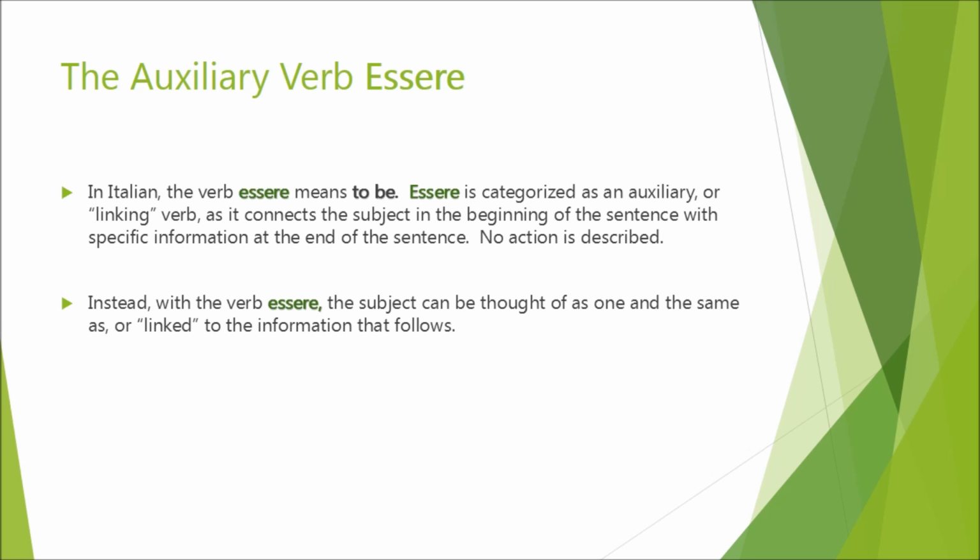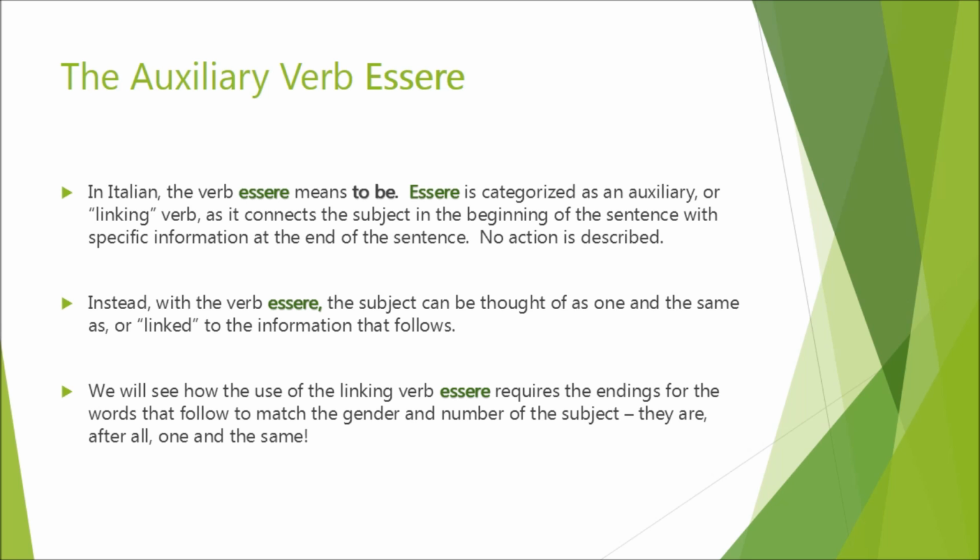Instead, with the verb essere, the subject can be thought of as one and the same as, or linked to, the information that follows. We will see how the use of the linking verb essere requires the endings for the words that follow to match the gender and number of the subject. They are, after all, one and the same.